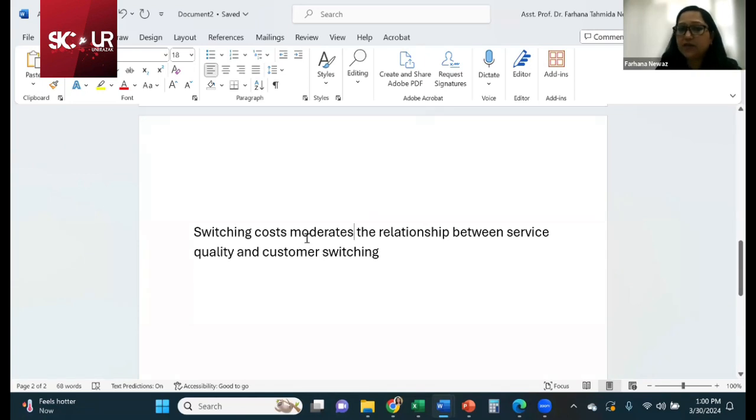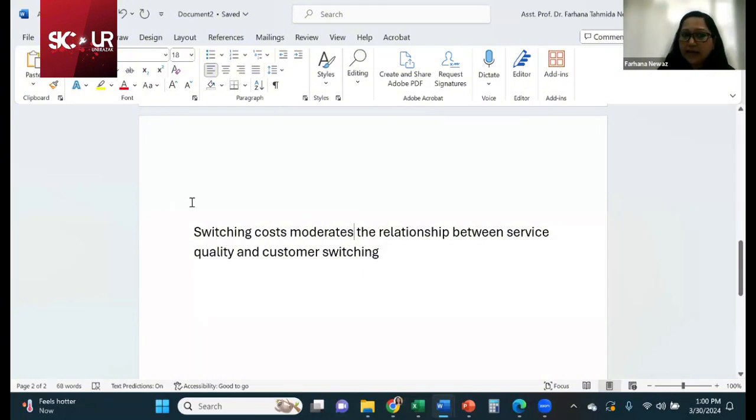Then in the explanation, you can say that if switching cost is high, the strength of the relationship between service quality and customer switching will be low. And if the switching cost is low, the relationship between these two factors will be strong. So you write this in the explanation.